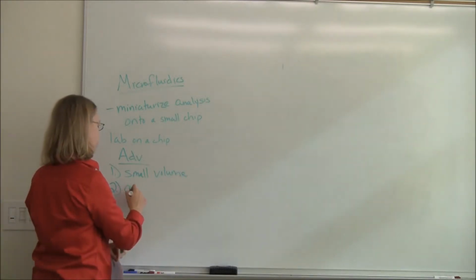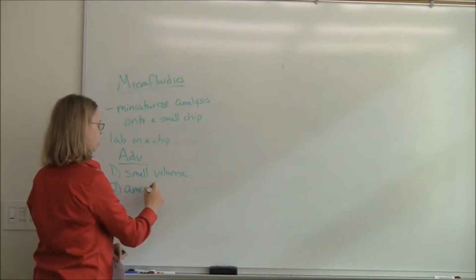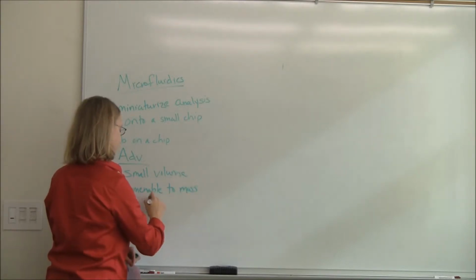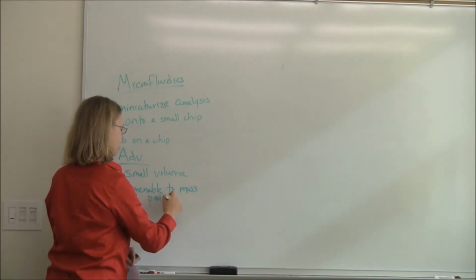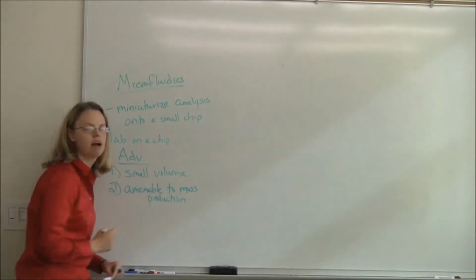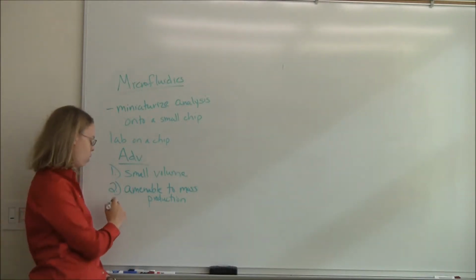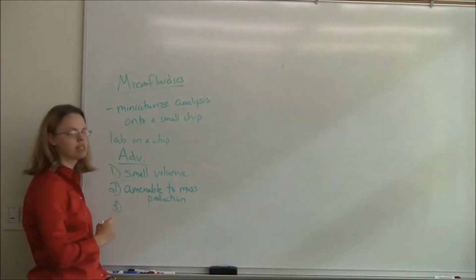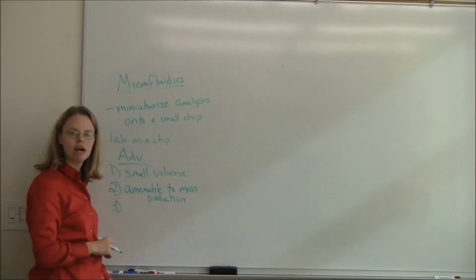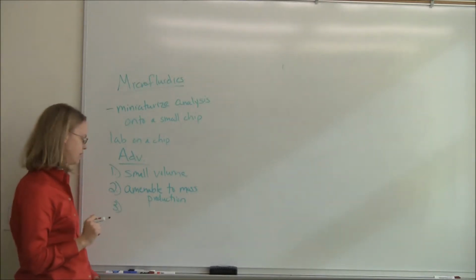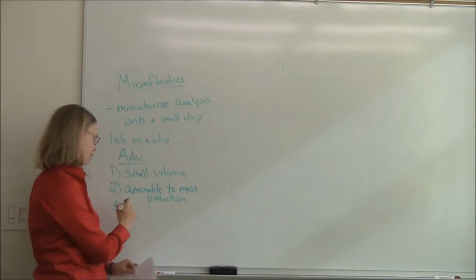They can be amenable to mass production. Not always, I'll be honest, not always, but the goal is that you could make a disposable chip for a lab, a pathology lab or something at the hospital, detect it and throw it out.